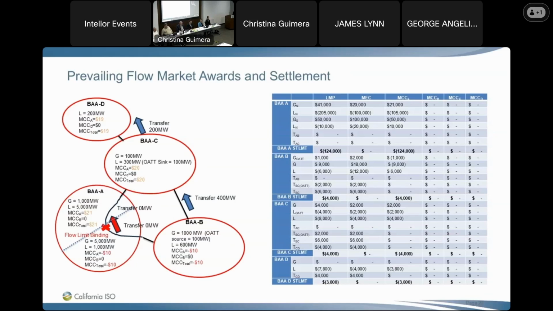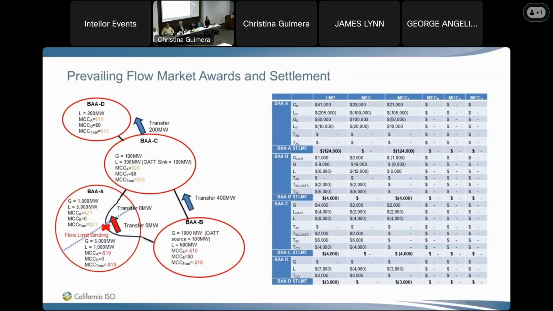So under the revised transitional approach, we're looking at the OAT. This is going to be the 100 megawatts that has been self-scheduled from BAB to serve load in BAC. This will have a CRN, or CRN could be up to 200, 300 megawatts. They're only exercising 100 megawatts of self-scheduling.